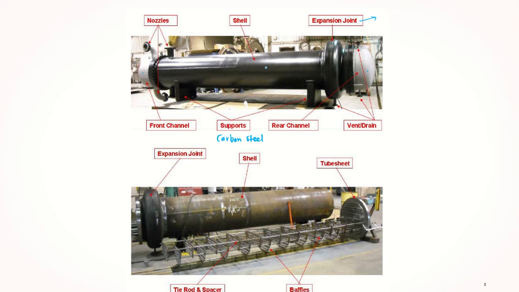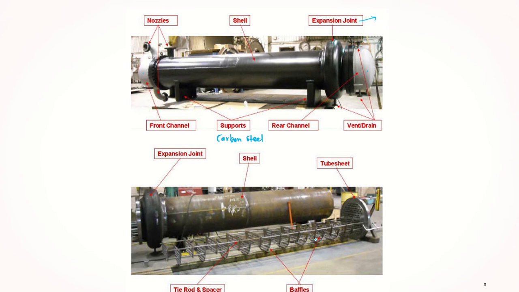So this would be the shell. And for the tube part, as you can see here, this would be the tie rod and spacer. I'm going to talk about the usage of these particular parts.